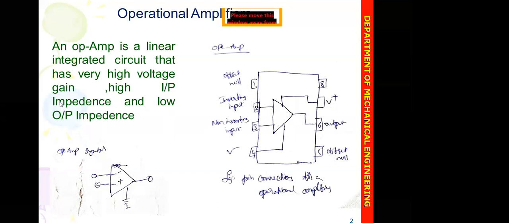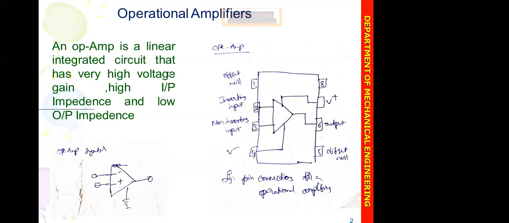The next one. The operational amplifier is a linear integrated circuit. I told you that a linear integrated circuit is nothing but an IC chip. It consists of a number of resistors, capacitors, transistors and diodes arranged in that integrated circuit chip, and it performs a specific purpose. That is called an integrated circuit. An operational amplifier is a linear integrated circuit having a very high voltage gain, as well as high input impedance and low output impedance.